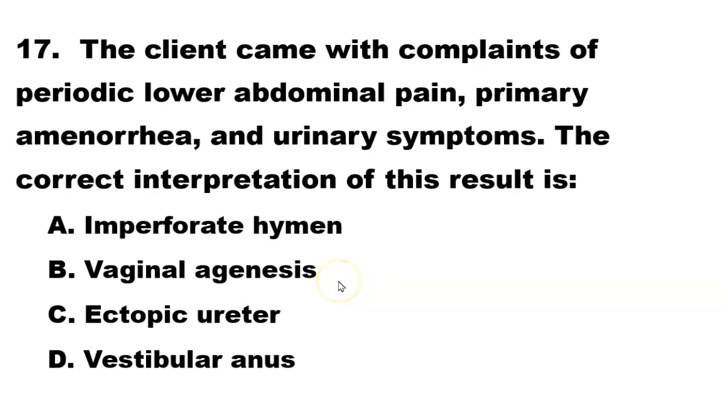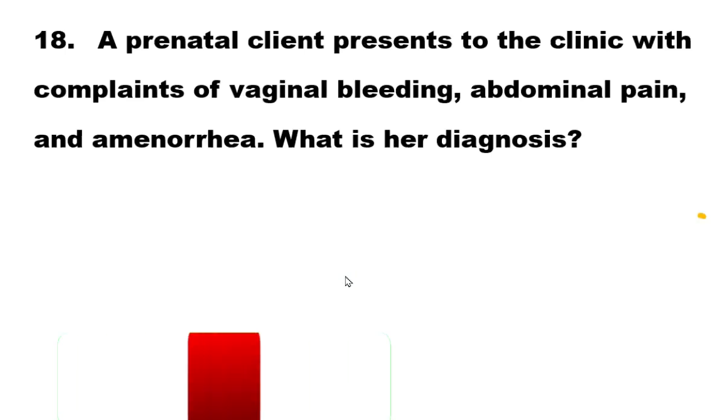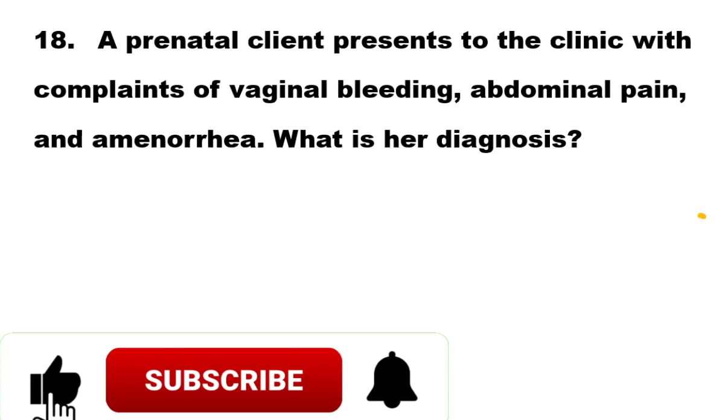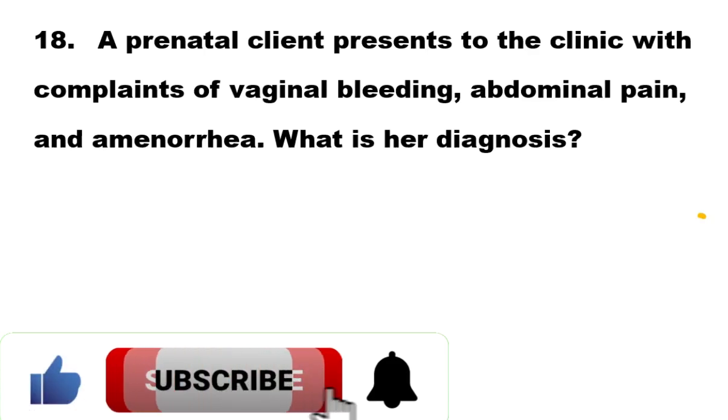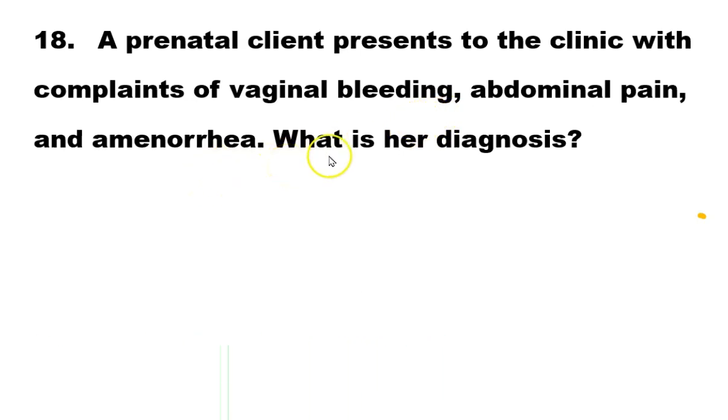Correct answer is imperforate hymen. The next question, a prenatal client presented to the clinic with complaints of vaginal bleeding, abdominal pain, and amenorrhea. So, what is her most likely diagnosis?